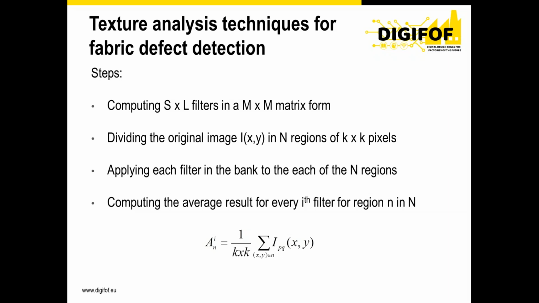The main reason for this cut of subregions is that we are trying to have a better match between the filter and the position of the texton and also the texture in the image.